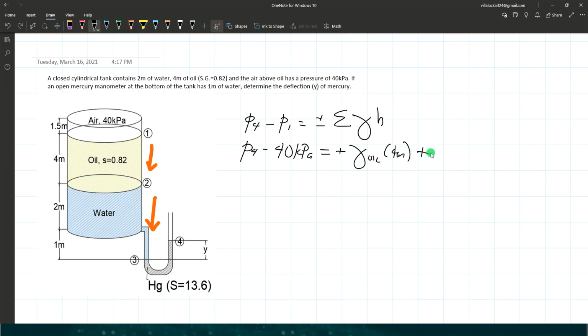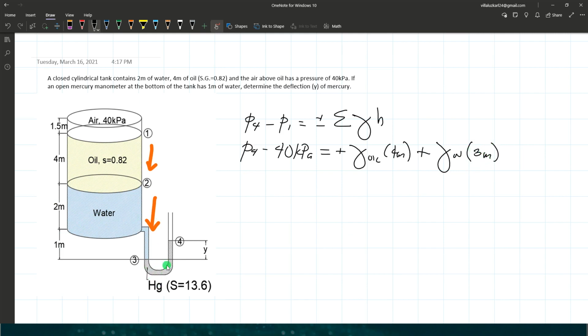So from point 2 to point 3, that's positive unit weight of water times the total height of the fluid. So starting from the interface between the oil and water, that is at point 2, and we end at point 3. So total height is 3 meters.